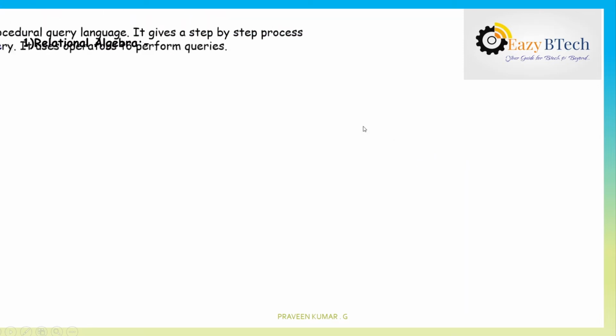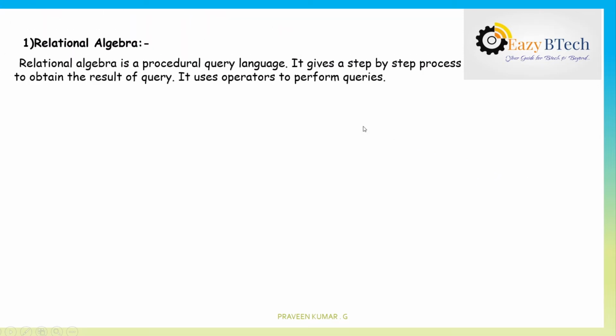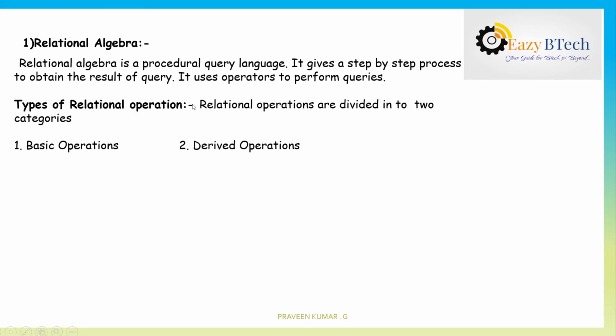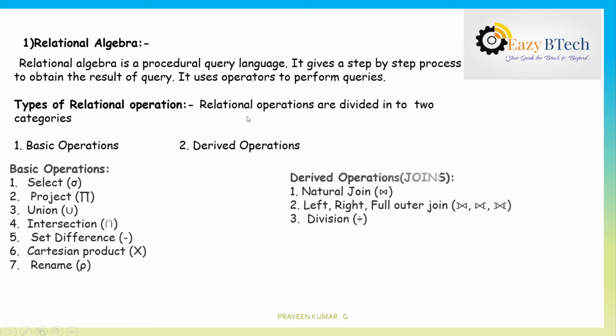First we go with relational algebra. What is relational algebra? Relational algebra is a procedural programming language. It gives a step-by-step process to obtain the result of a query, using operations to perform a query. It is classified into two types: basic operations and derived operations.